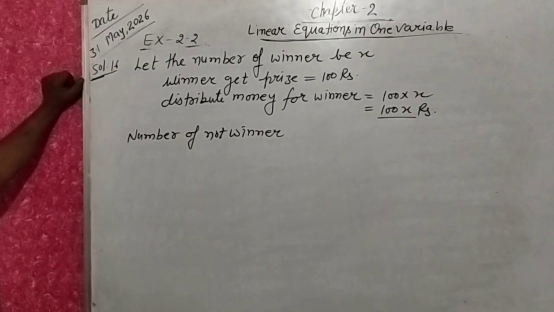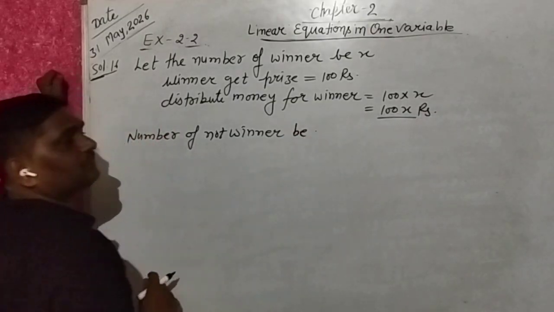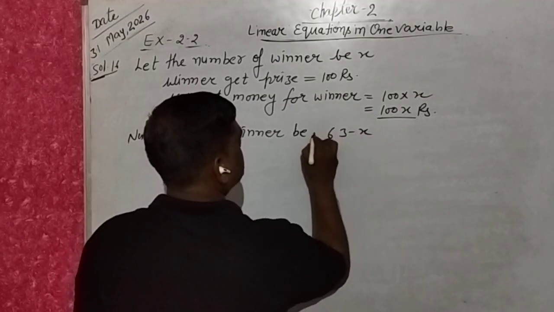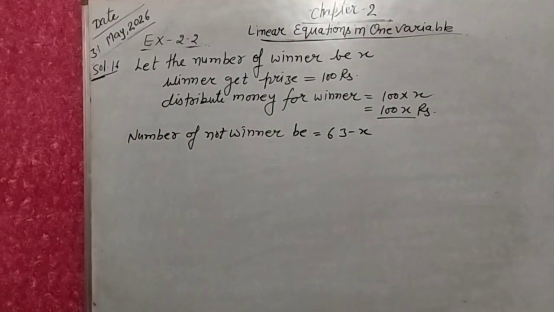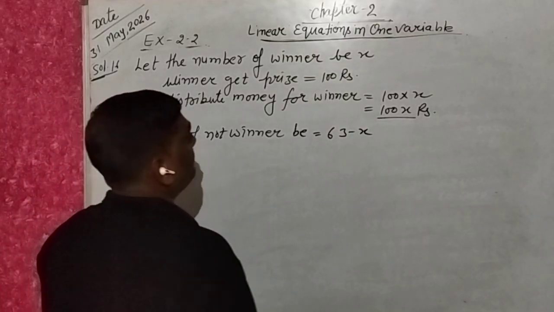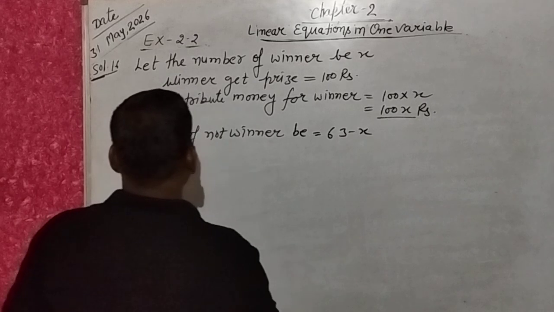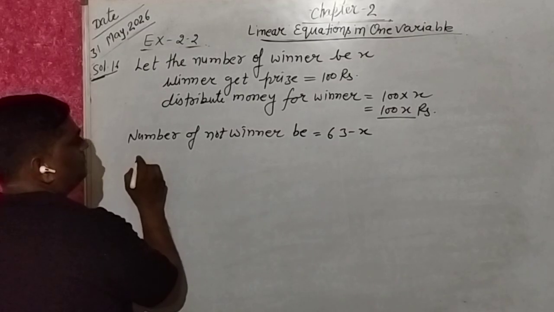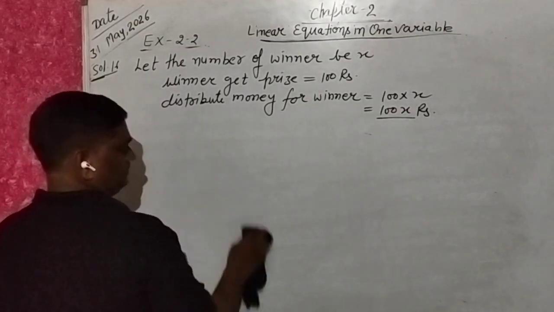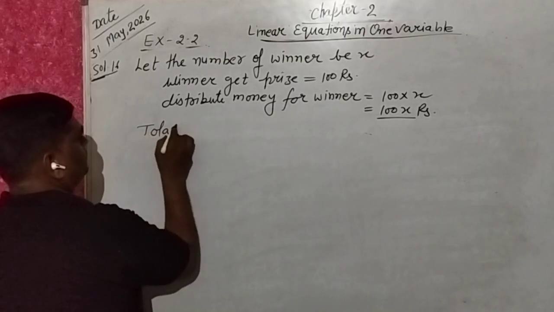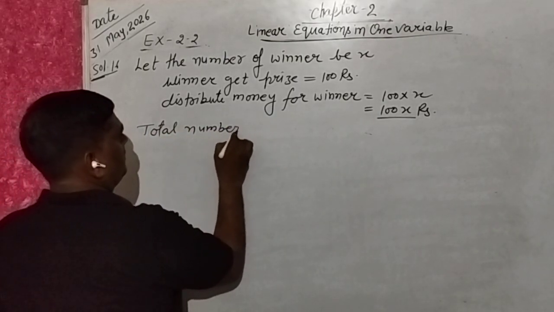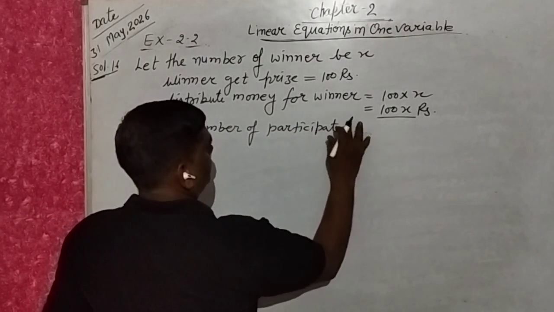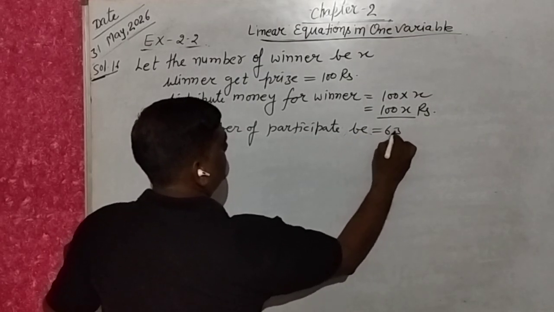It is 63 minus x, because the total number of participants is equal to 63, so 63 minus x.